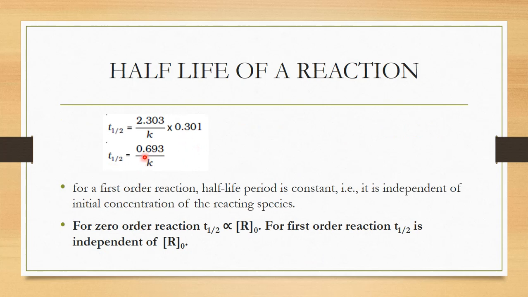So it will be 0.693 upon k. From the expression, you can see that for a first order reaction, the half-life period is constant, means it is independent of the initial concentration of reacting species. So we may conclude for a zero order reaction, half-life is directly proportional to R naught, whereas for first order reaction, half-life period is independent of the initial concentration of reactant.